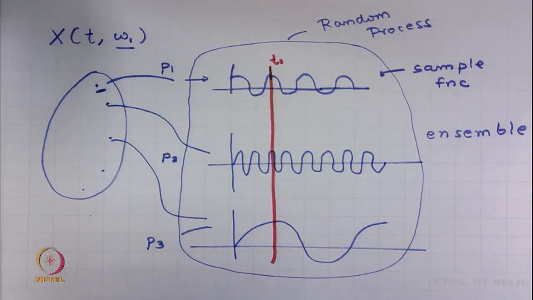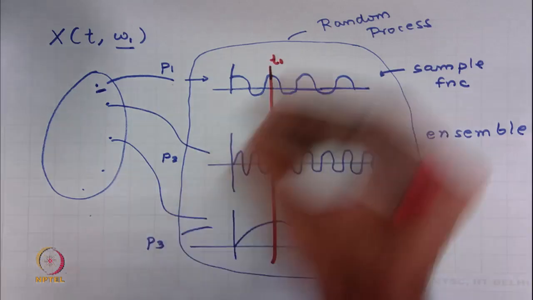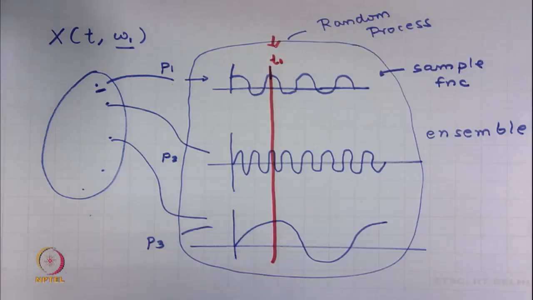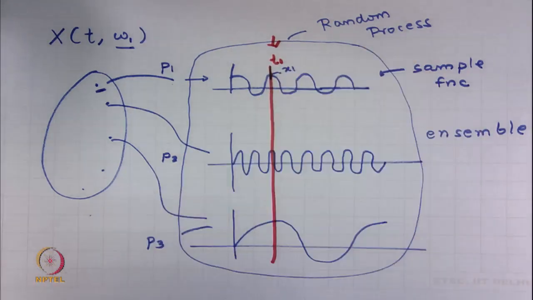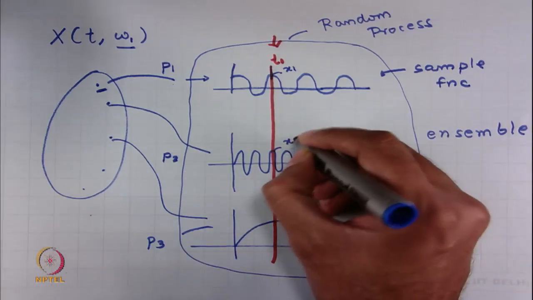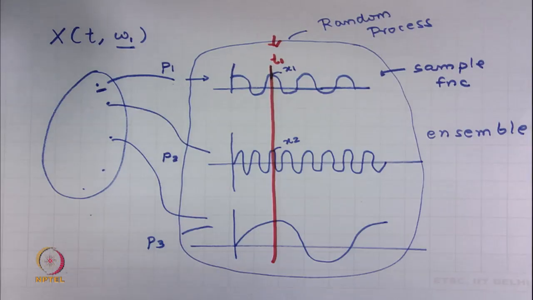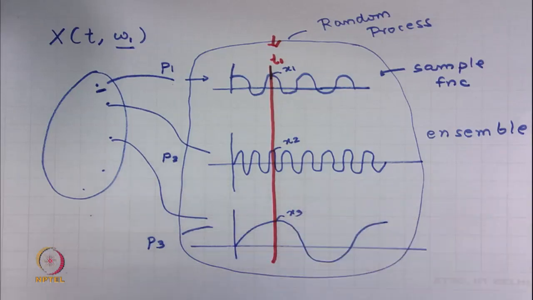So, if I look down this ensemble at a specific time instance T1, what I would end up with is some numerical value here, x1. Let us say that numerical value is x1, and I may get another numerical value corresponding to this sample function which is x2, and another numerical value corresponding to this sample function which is x3.